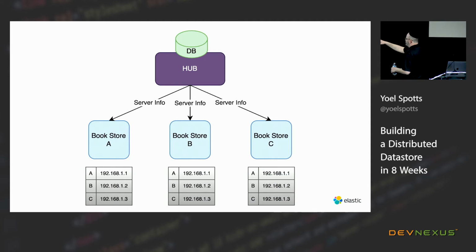So now each of the bookstores has a table of, here are all of the nodes in the cluster, here are all the bookstores that are in this entire ensemble, and here's how to reference all of them. Fantastic. We now have a coordinating service called the hub, which allows each of the bookstores to have knowledge about the other bookstores. So this is kind of our bootstrap mechanism. Thought this was a fantastic idea.